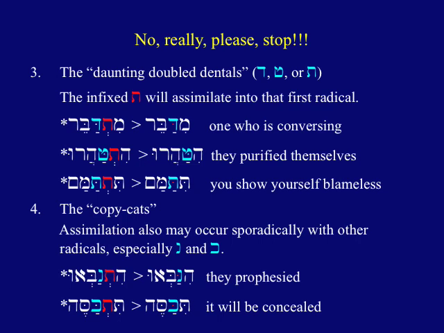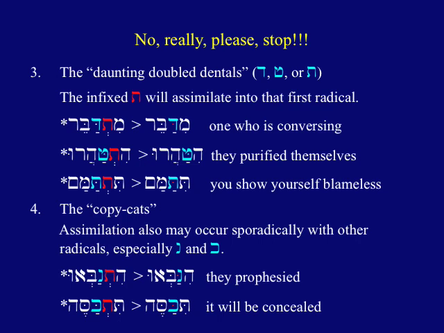Again, first kaf, root kaf samek hey, means to conceal or to be concealed. Hit kaseh. He or it will be concealed, sort of a passive sense, maybe hide itself. And the tav assimilates into the kaf. Hikaseh. Or I'm sorry, tikaseh. It's a feminine singular here, see?